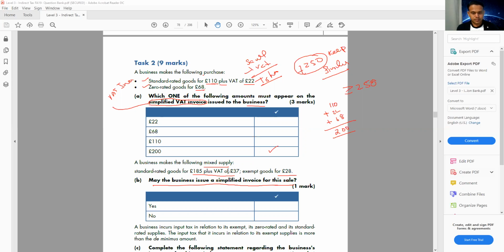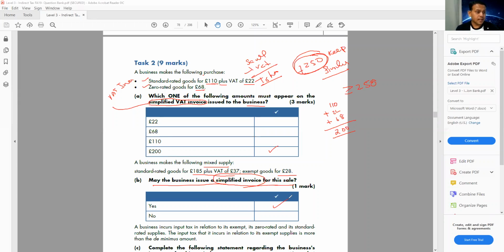The total is 250. If the total is 250, we have a limit up to 250, isn't it? If it has not crossed 250, we can still use the simplified invoice. So the answer will be yes here.